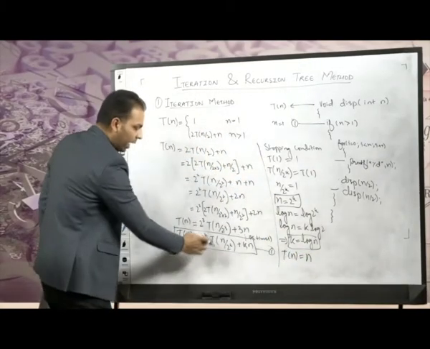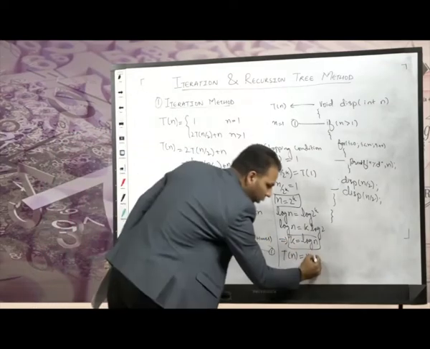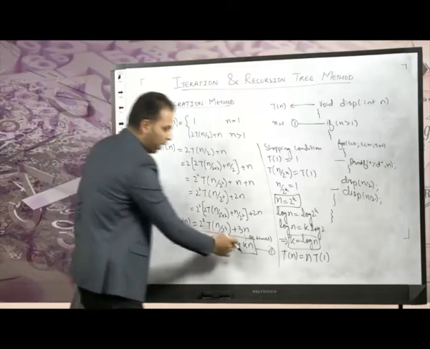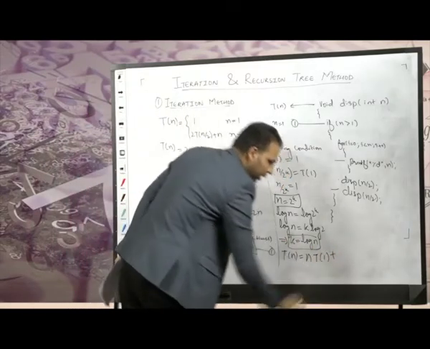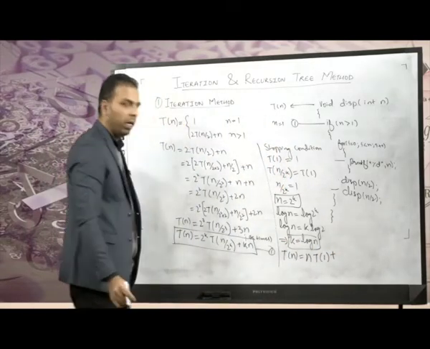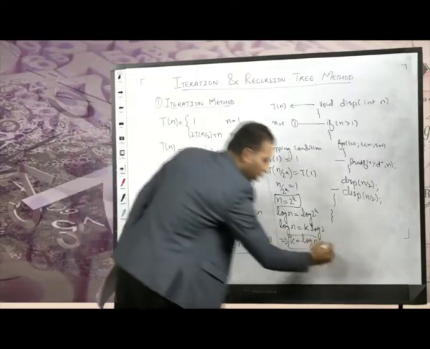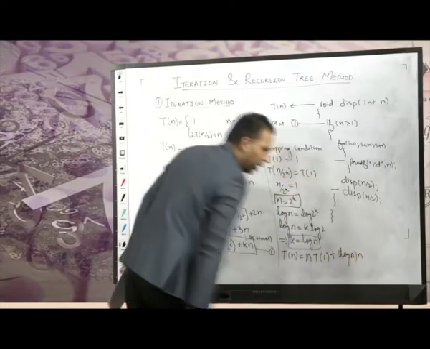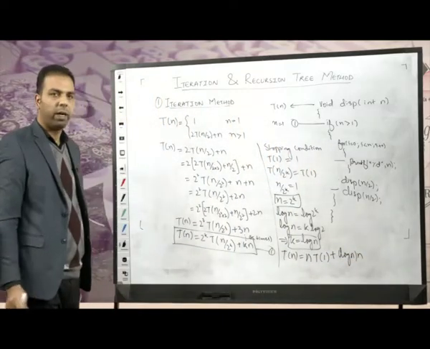And this Tn will be equal to T1, because this is the stopping condition, plus Kn. So K is log n, multiplied by n. Fine.